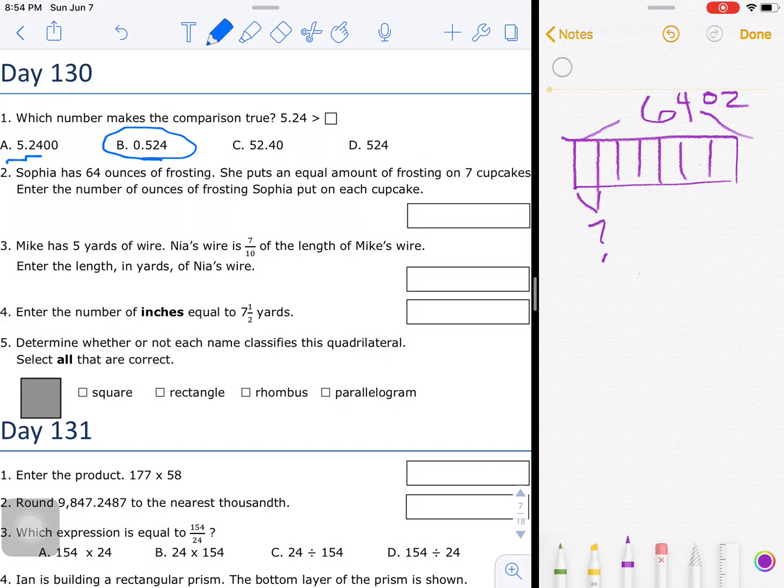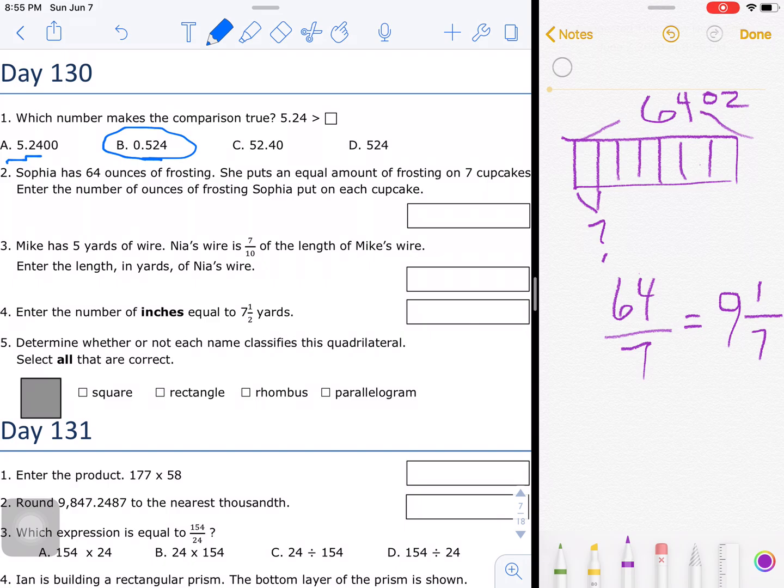So what is 64 divided by 7? Well, I know 7 goes into 64 9 times with 1 left over. 9 times 7 is 63, and we have 1/7 left over.